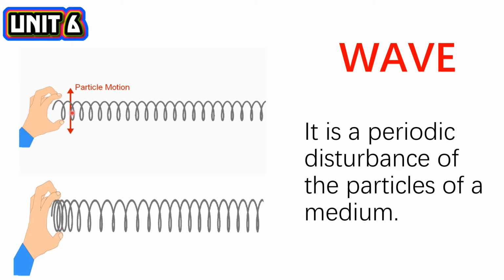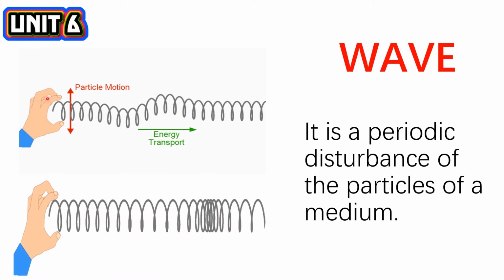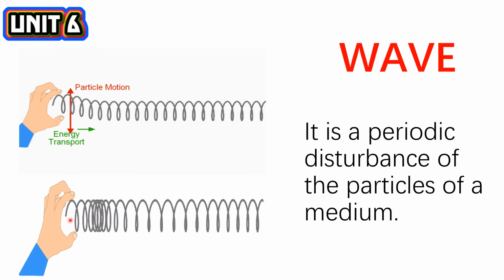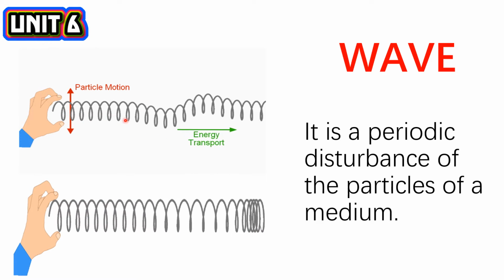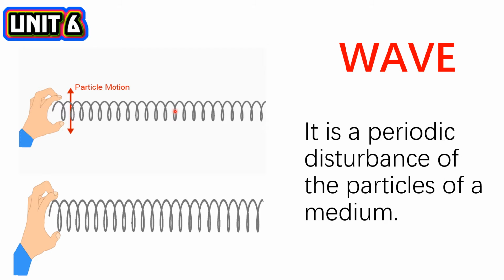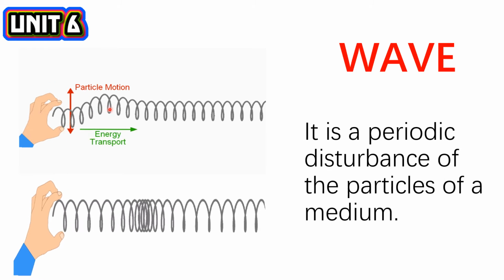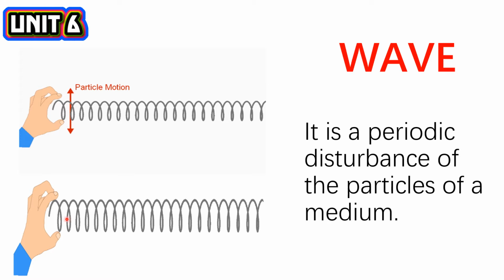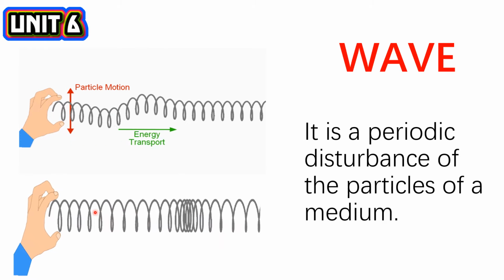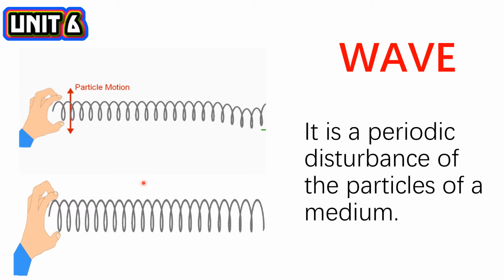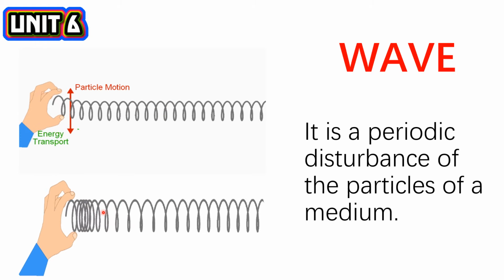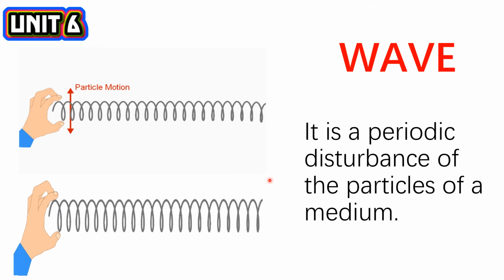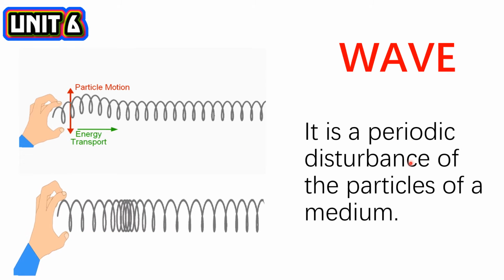As you move the hand, either up and down or by simply pushing the spring, you can see here that there is movement in the spring, right? Either the spring moves up and down, or the spring is pushed, then stretched, then pushed again. That up and down, and then the press and the relax of your spring, that is your periodic disturbance.